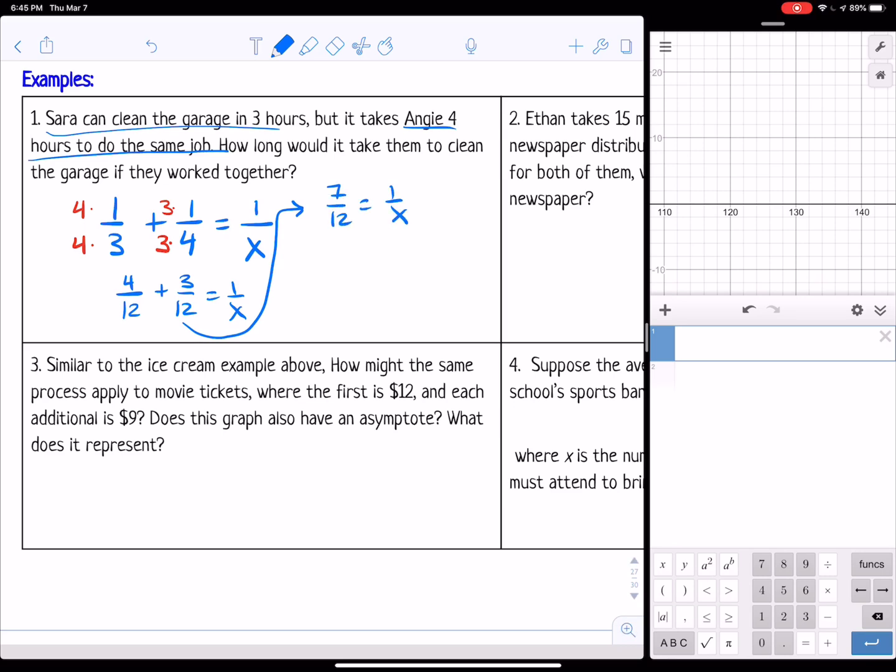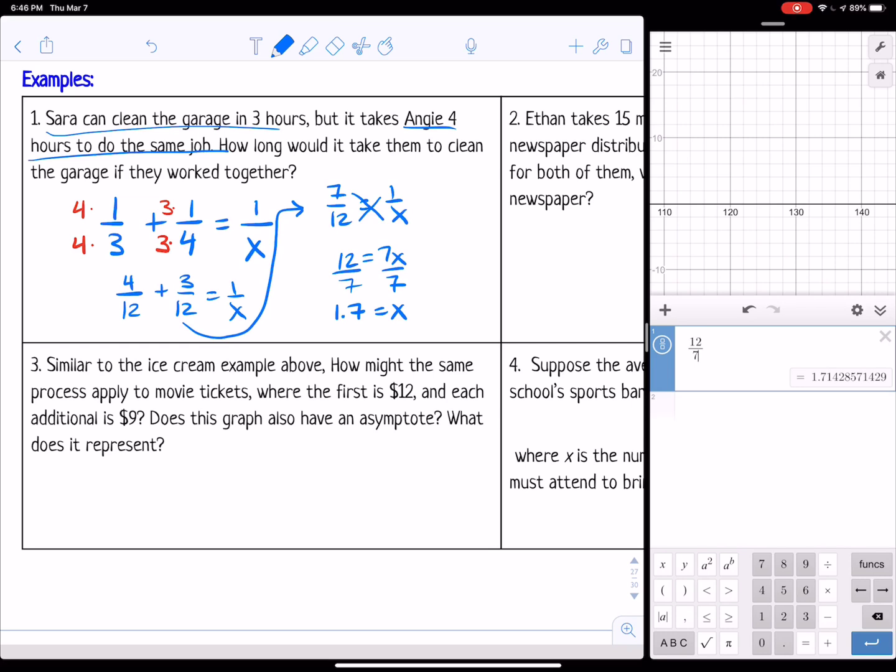This is just a basic rational equation. So I'm going to cross multiply, and I get 12 equals 7x. And then divide both sides by 7, and I get 1.7 equals x. If I just divide 12 divided by 7 in my calculator, it's about 1.7.